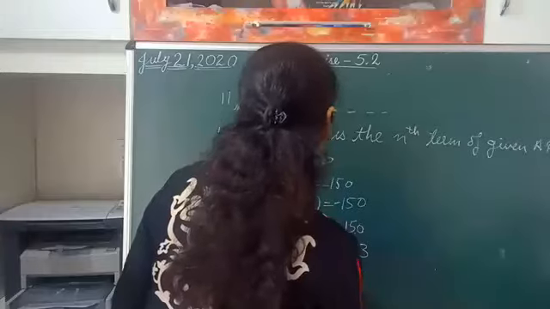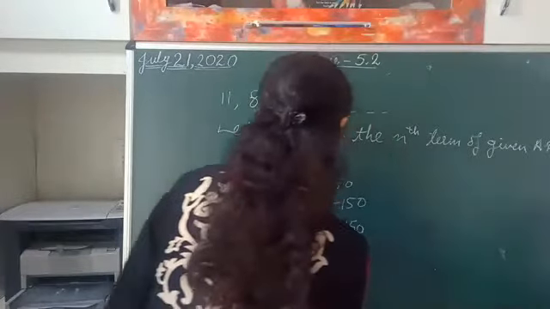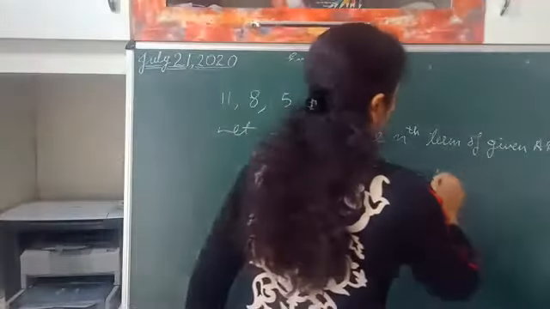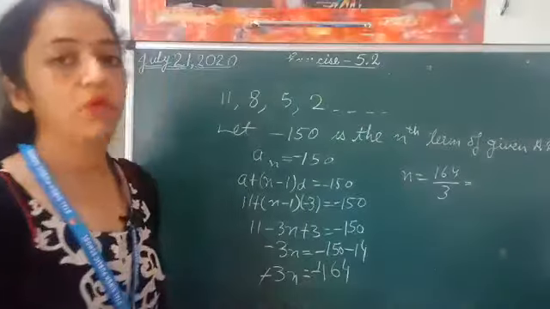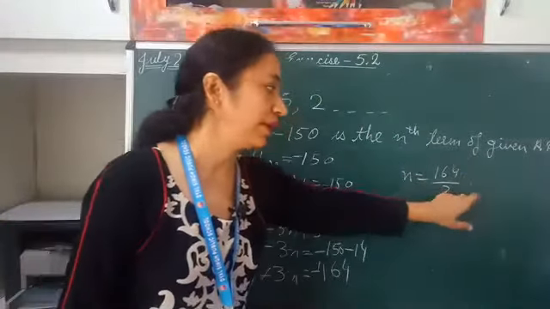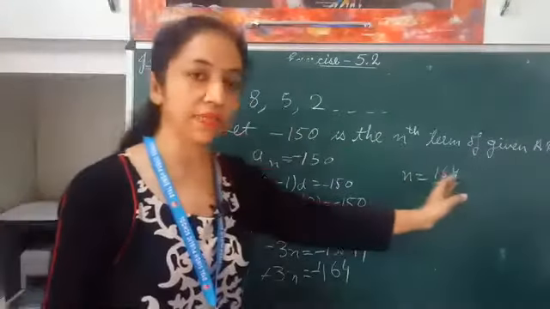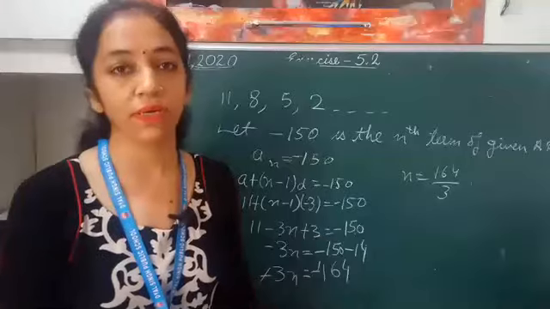Okay. 164/3 means this is a decimal number or fraction. Yes, but ma'am, n is a natural number. This cannot be the value of n. That means minus 150 जो हमने assume किया था, that is wrong. That means minus 150 is not any term of the given AP.